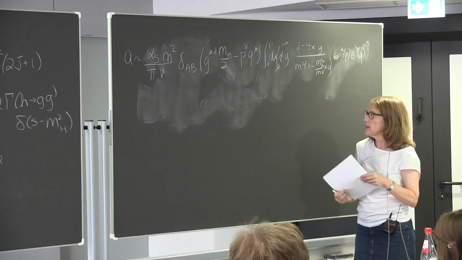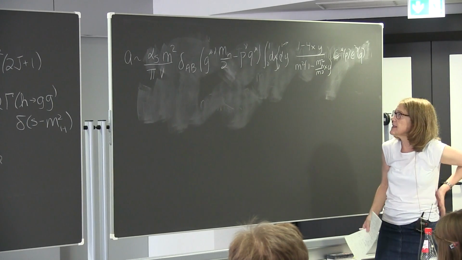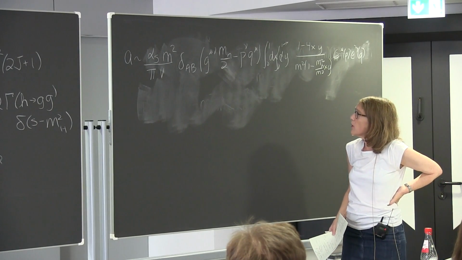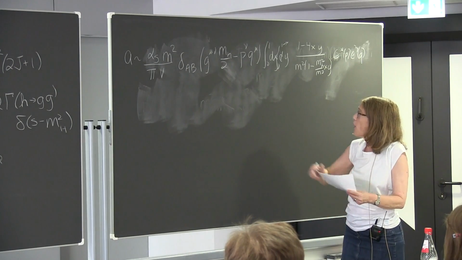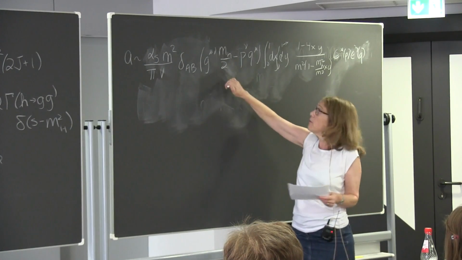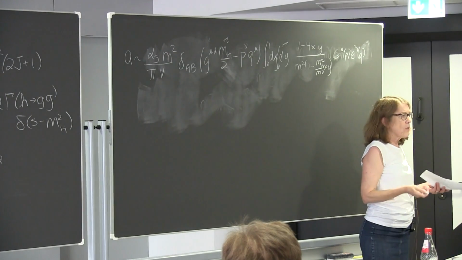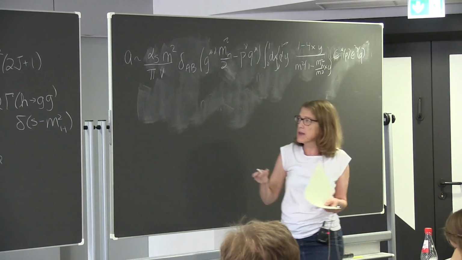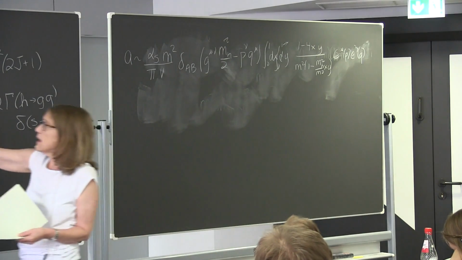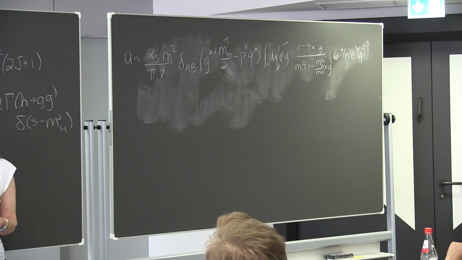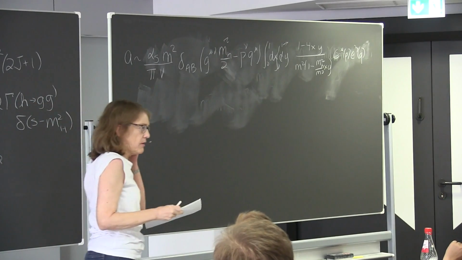Okay, so this is just doing that diagram. So what do I learn from this? First of all, this form here, g mu nu mh squared over 2 minus p nu q mu, that's the form required by gauge invariance, because we know that, say, P mu dotted into the amplitude and Q nu dotted into the amplitude has to be 0.